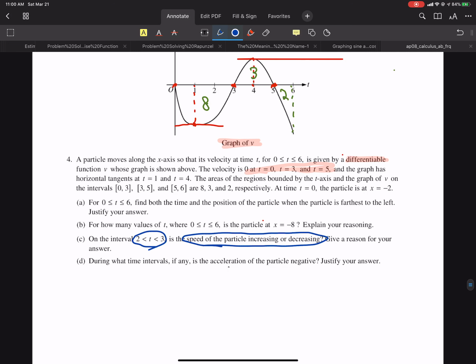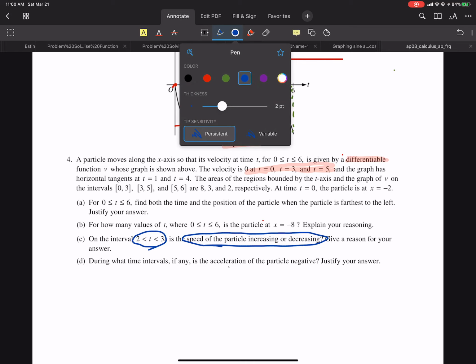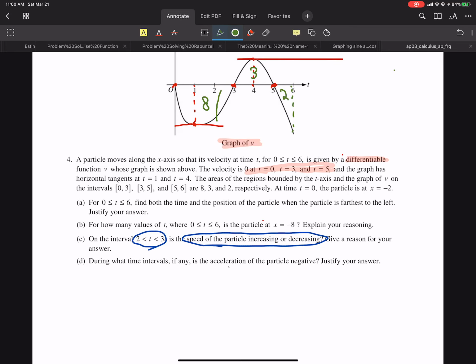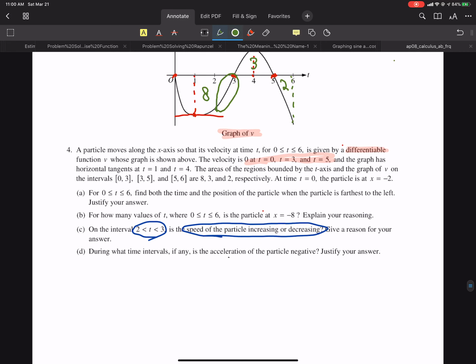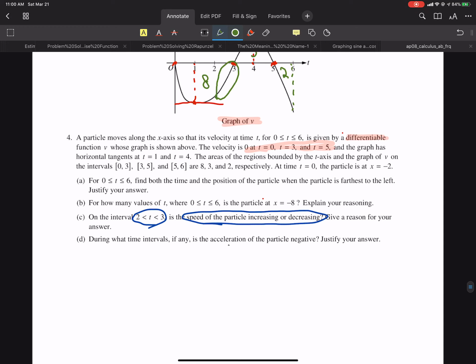So, velocity is easy from 2 to 3. In this region, it's easy to see that the velocity is negative. So let's go ahead and state that. I don't know why it's doing that. I'm guessing it's because of what I've done before, covering up with a white box, but I don't know.